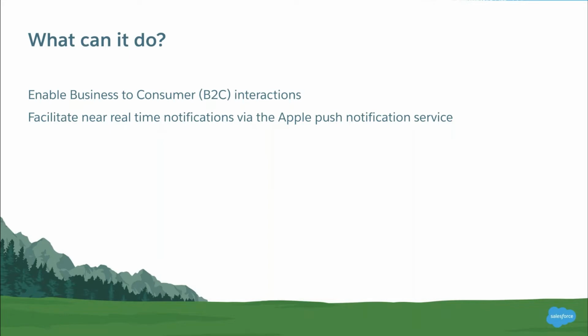And along with that, because this is an iOS app, you're going to get all the standard iOS features, things like near real-time notifications via the Apple Push Notification Service. So if your Service Cloud workers are working on a case, or you've got a community conversation going on, you can notify your users through the push notification service that your case has been adjusted, or someone has commented on your thread. Very powerful for community engagement.